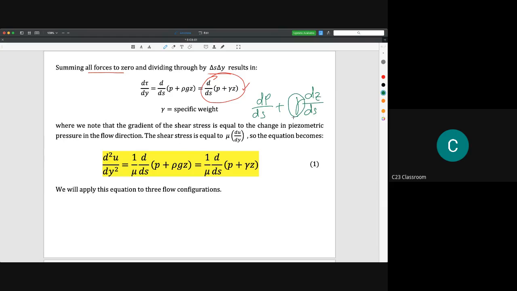The term gamma, the specific weight, or rho times g, we assume is a constant, because we assume the fluid is Newtonian and incompressible. The density is not changed, so it's not affected by the changes. That means we don't have d rho over dz.